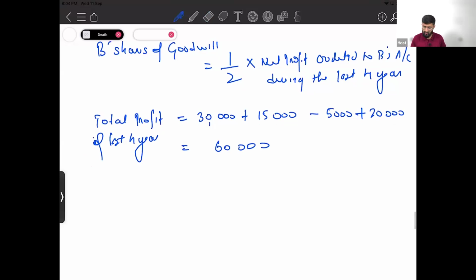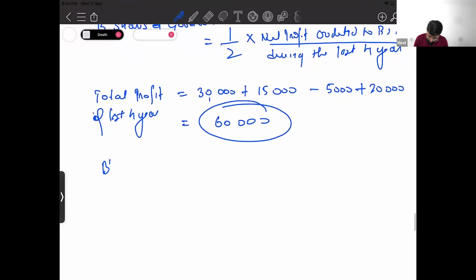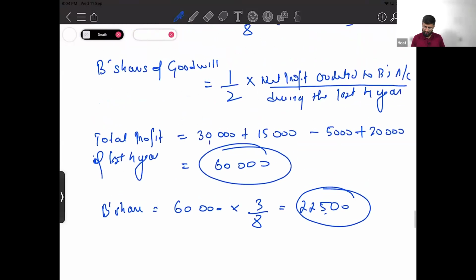Now what we have to do is find out the profit credited to B's account during the last 4 years. So we will find out B's share. 60,000 into what is the ratio? 3/8. So the profit credited to his account is rupees 22,500.